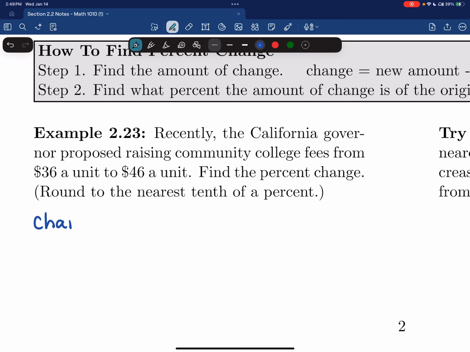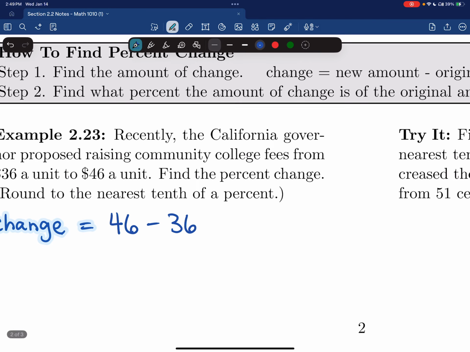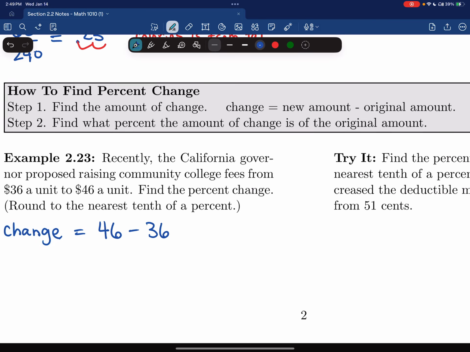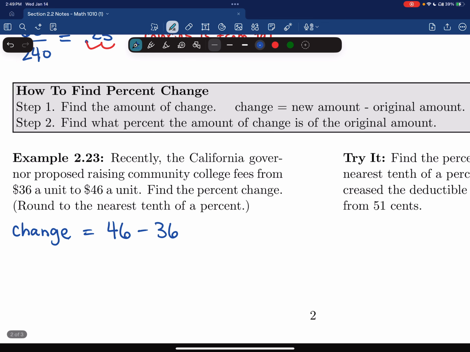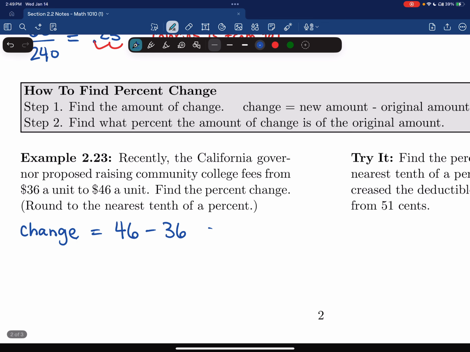Let's say change equals the new amount, which is $46, minus the original amount, which was $36. Remember, change is the new amount minus the original amount. 46 minus 36 is 10. So we see that there was a $10 increase.